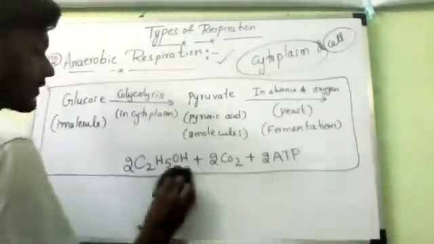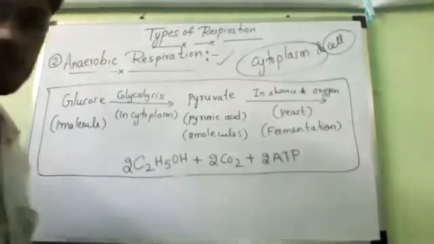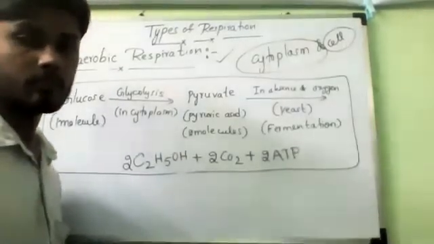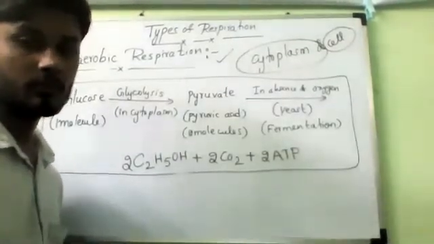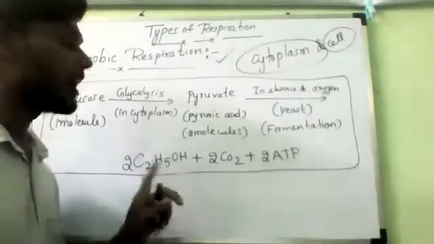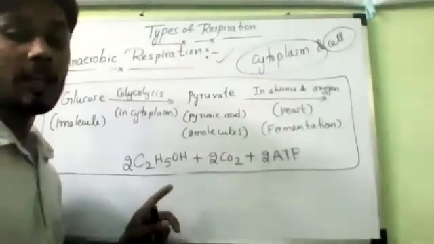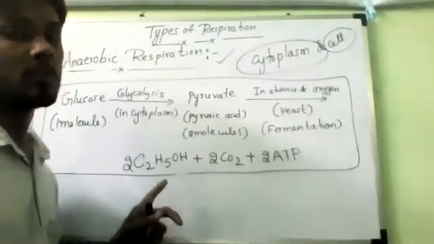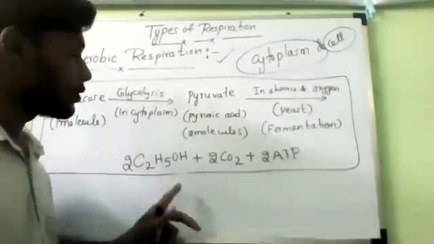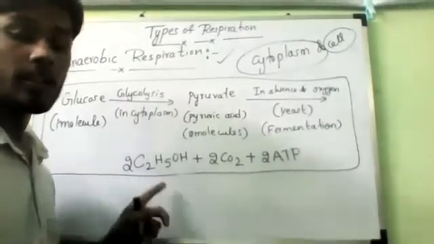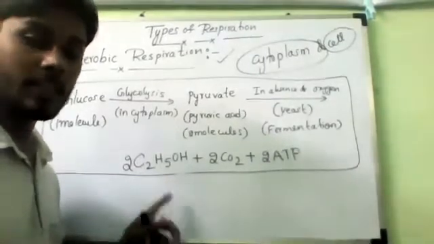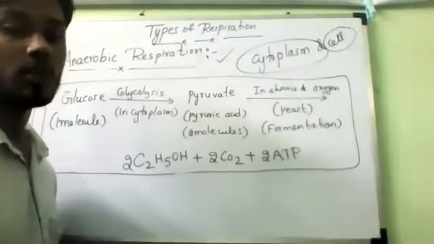Write this equation, all of you. Chapter 5, chemistry, carbon compounds: ethanol, formula C2H5OH. We can also call it ethanoic acid. Ethanoic acid or ethanol, both are the same.